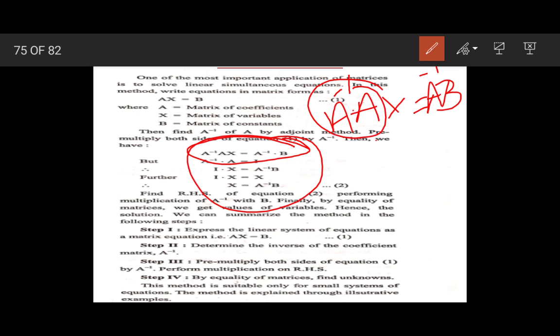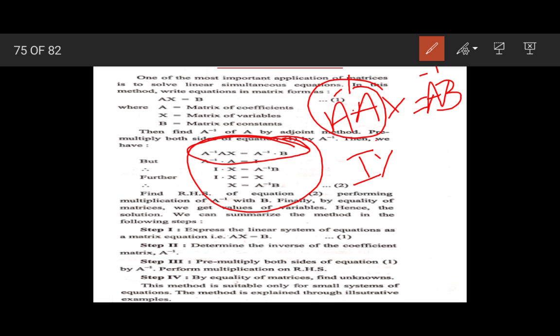Now A inverse A is simply the identity matrix. In inverse of a matrix we had seen this property: A inverse into A is the identity matrix.